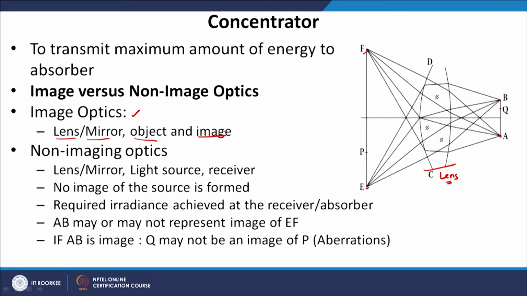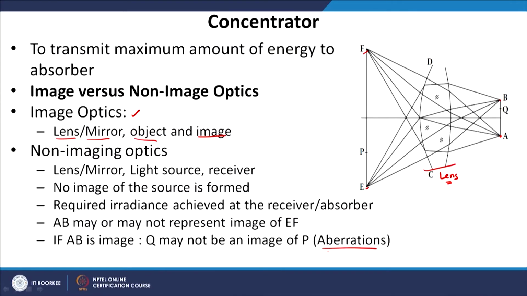Now, the point here is that what you have learned so far in optics is not necessarily true. Optics is a branch where you can reproduce images of certain objects, but these images are not sharp, they are subject to aberrations. I will not go into the details of optics in this lecture.